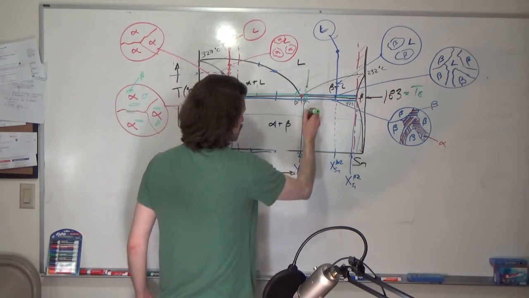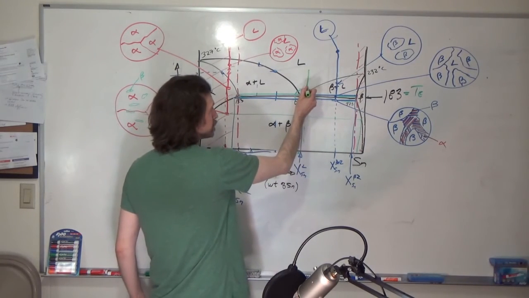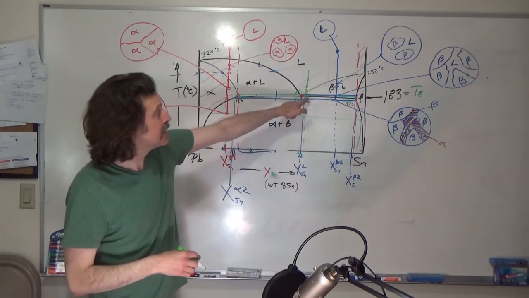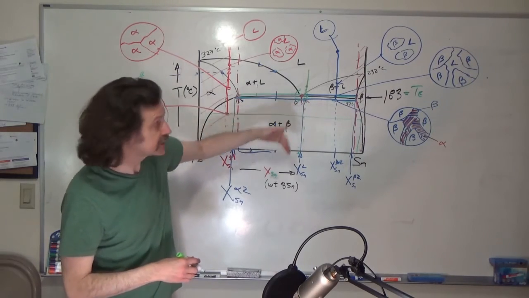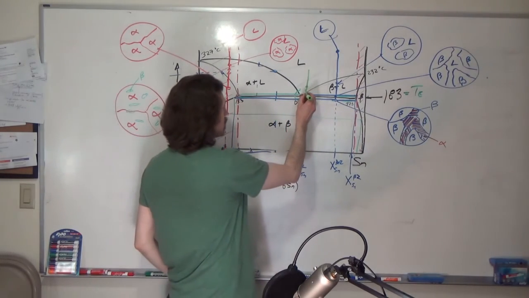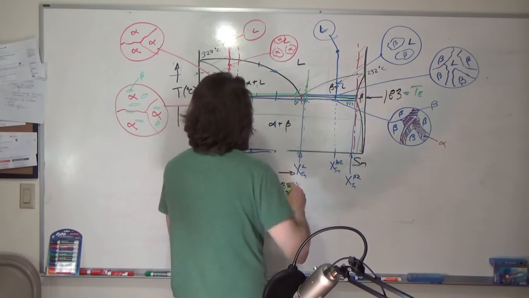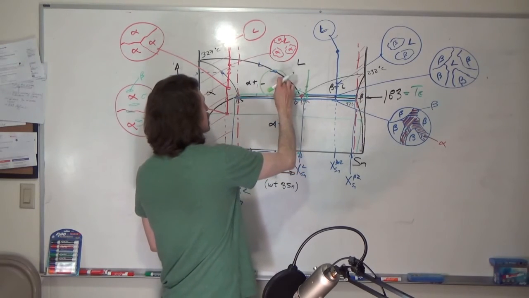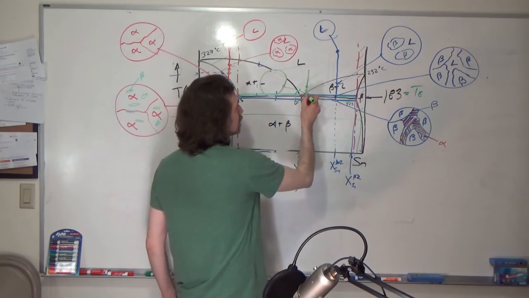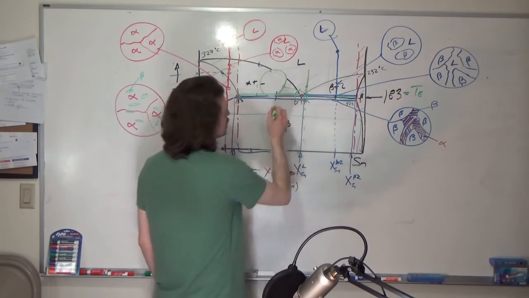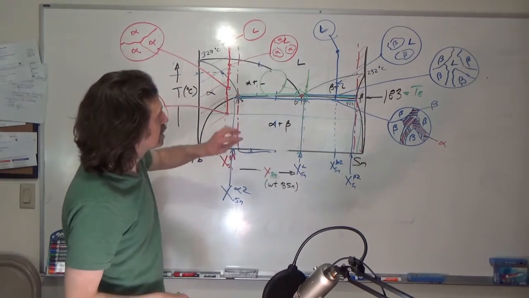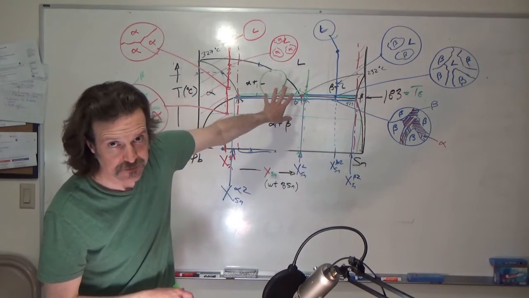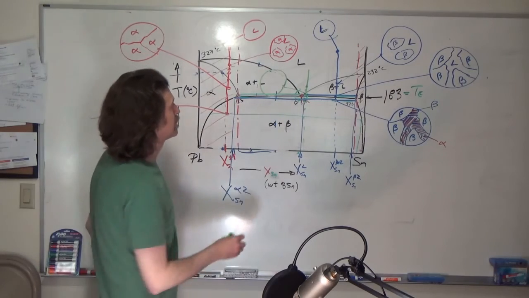As I cool down, right before I cross the eutectic temperature, and let me draw this here, I will have, drawing my tie line, what looks like about maybe 2% beta and the rest liquid, right?